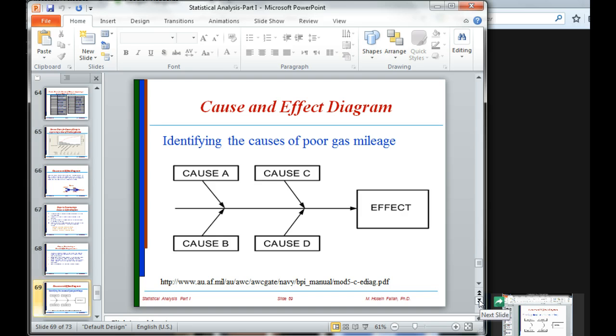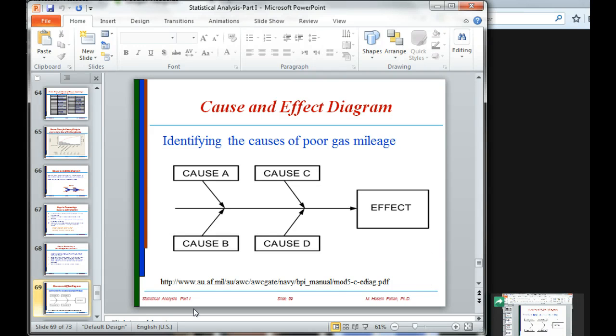Then the team can decide using some team approaches, like voting or other ways, on picking the most likely causes, and then you can go and address that and see whether or not that fixed the problem.